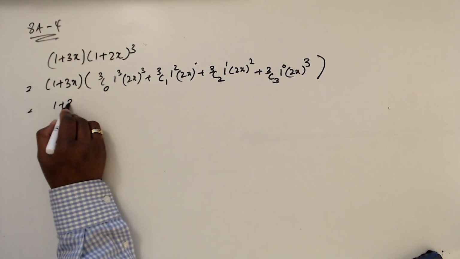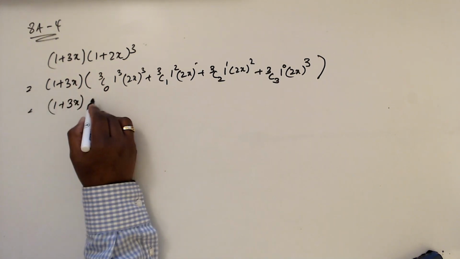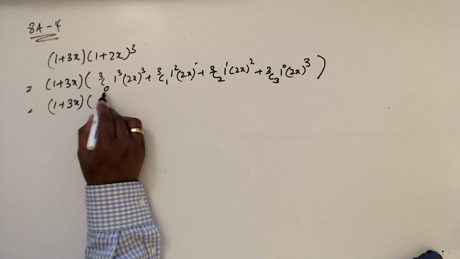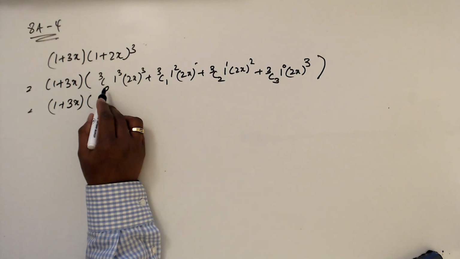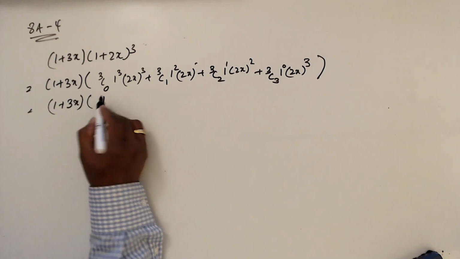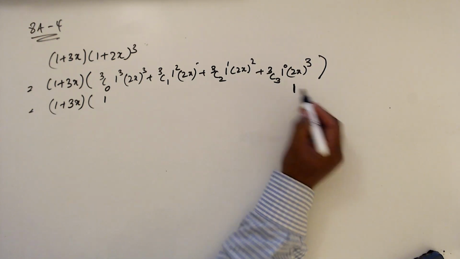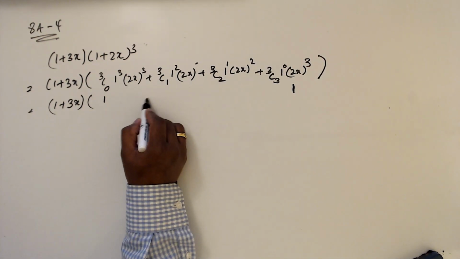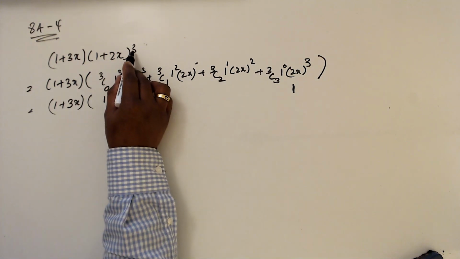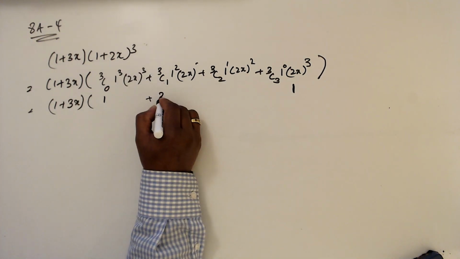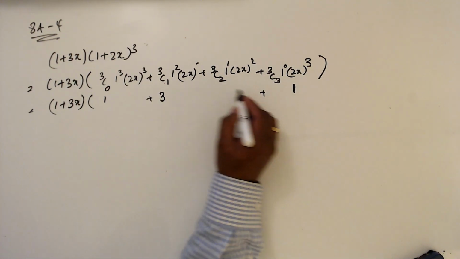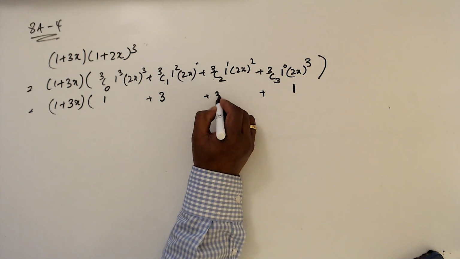Now 1 plus 2x, what is 3c? Any terms, the first one is 1, the last one also 1. The second one is going to be matched with the power 3, and this is going to be 3.